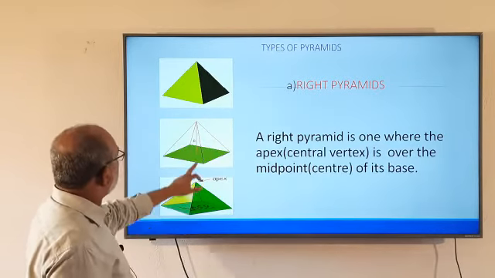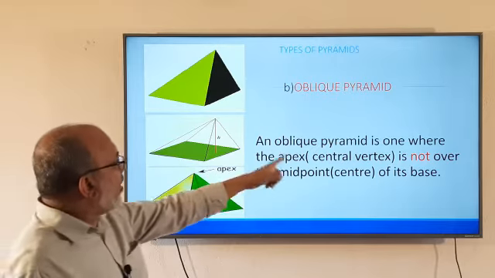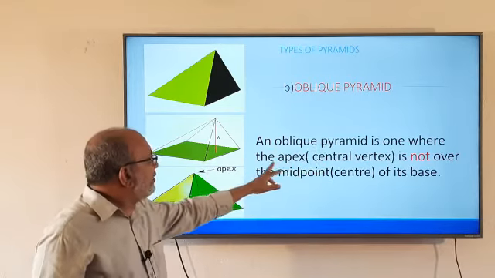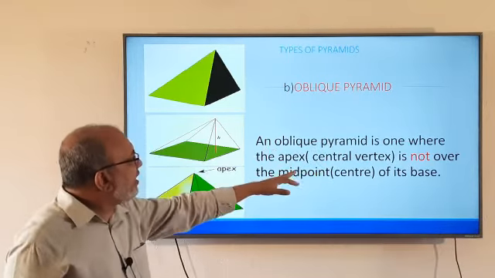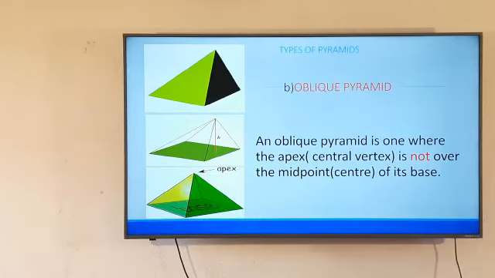And here you see the center of this is here, but its perpendicular line comes here. For this reason, it is not right, it is oblique. An oblique pyramid is one where the apex or central vertex is not over the midpoint or the center of its base. This is an oblique pyramid.